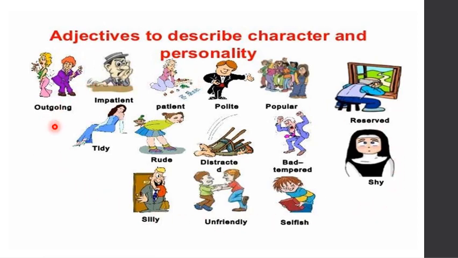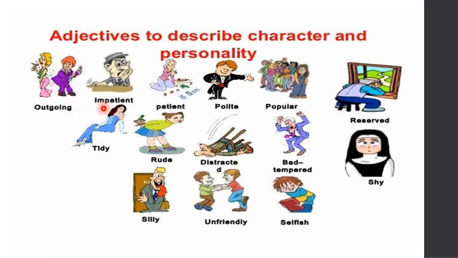As you can see, these are the different examples of adjectives that describe the character and personality of a person. Okay, so we have outgoing. Okay, these are the people who are outgoing. Okay. Analyze their personality.